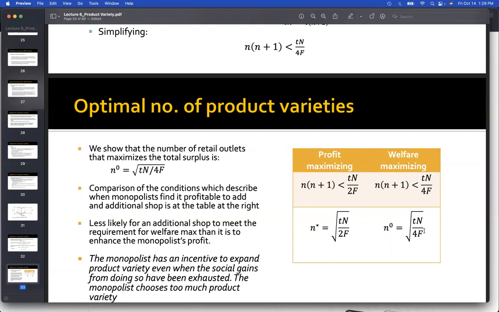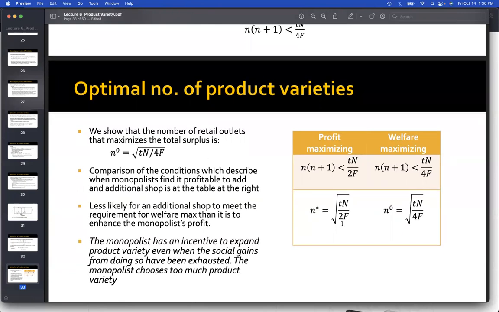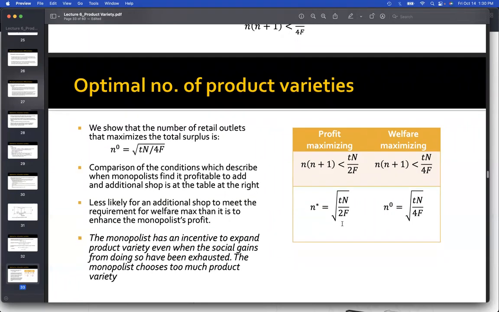Okay. So the monopolist has an incentive to expand product variety even when the social gains from doing so have been exhausted. The monopolist chooses too much product variety, and this is essentially because of the effect of the price. It wants to have a lot of variety because the price goes up and total revenue goes up.